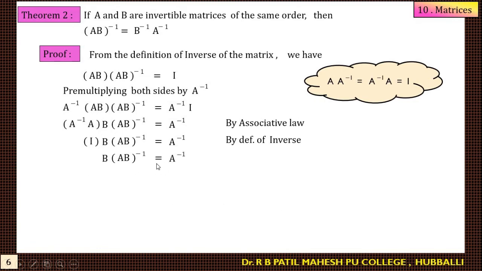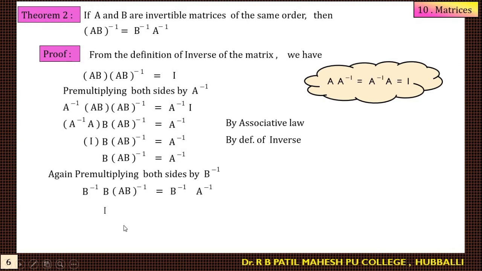Now to this equation again pre-multiply by B inverse. So B inverse into B into AB whole inverse is equal to B inverse into A inverse. Now this B inverse into B is an identity matrix, and AB whole inverse is equal to B inverse into A inverse.